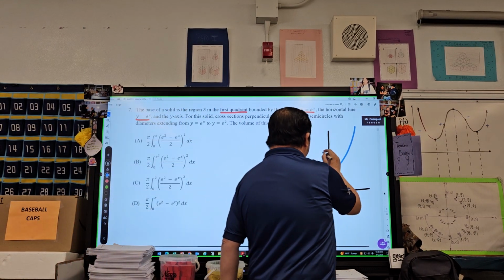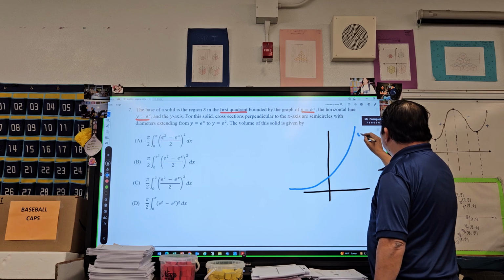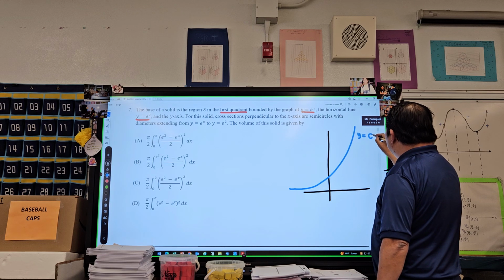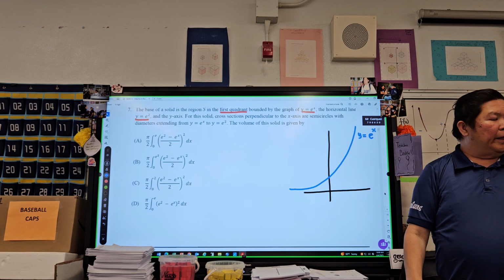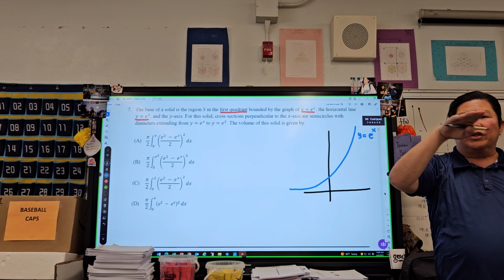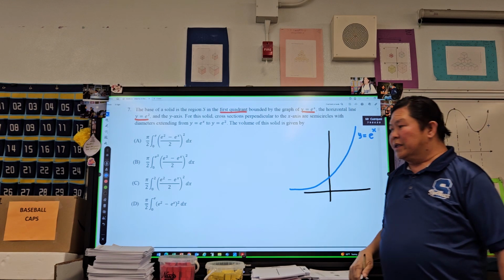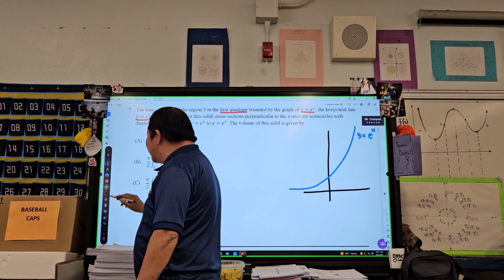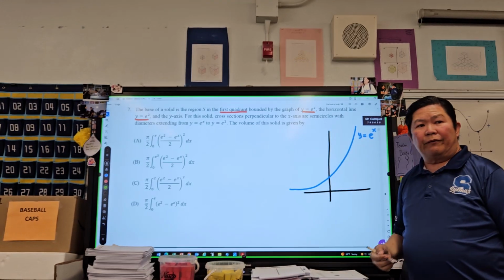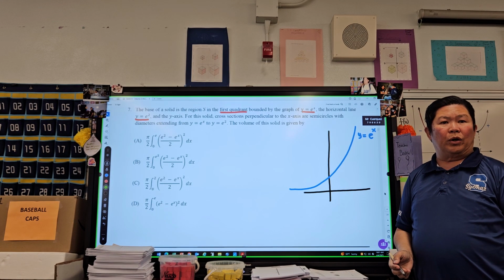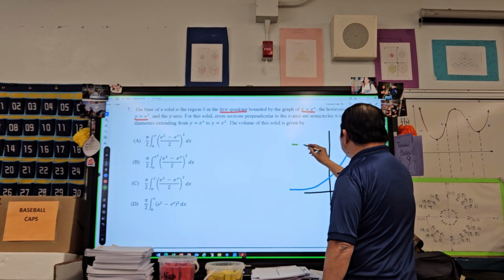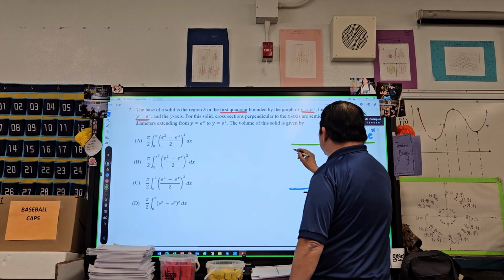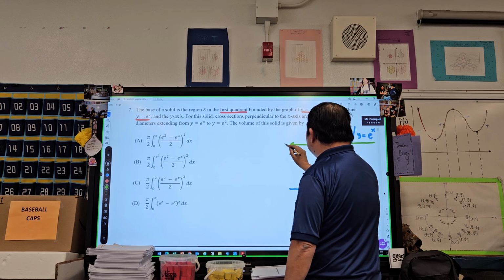So this is y equals e to the power of x. That's exponential. And then the next one is a horizontal line, which refers to e to the power of 2. Okay, so this is the e to the power of 2, this line.